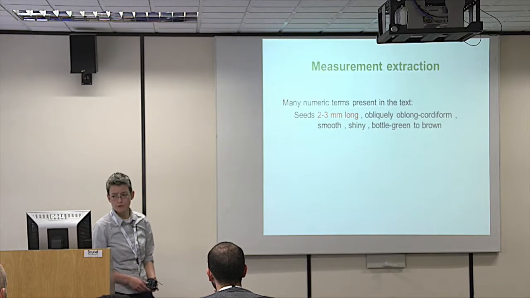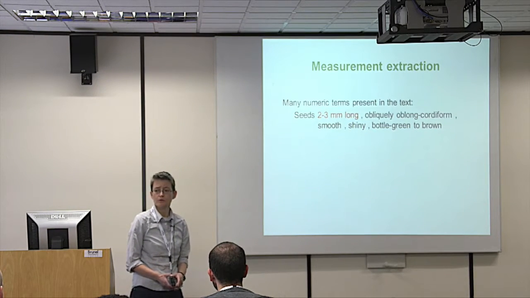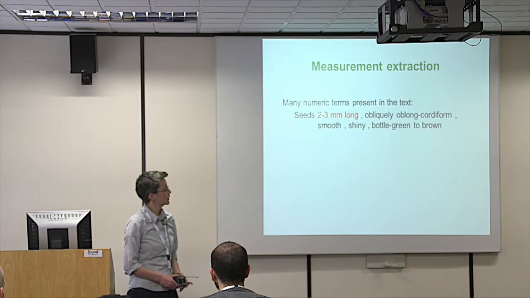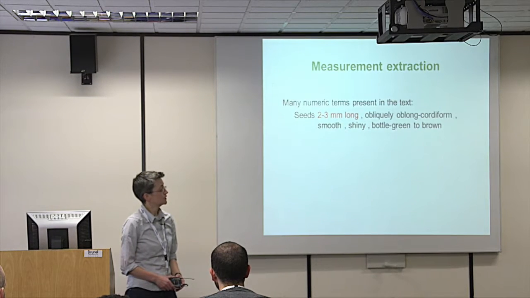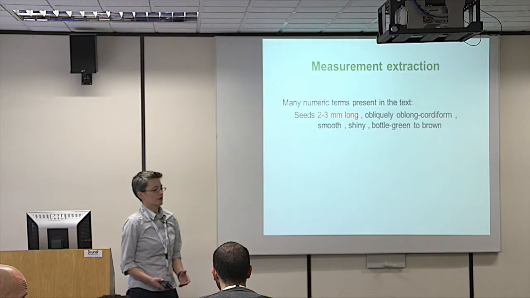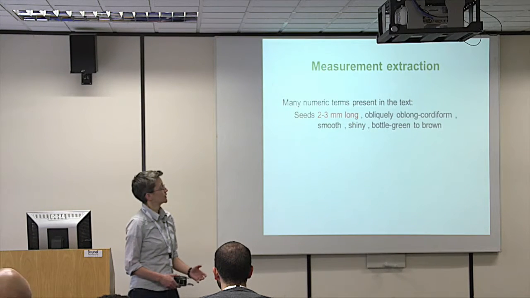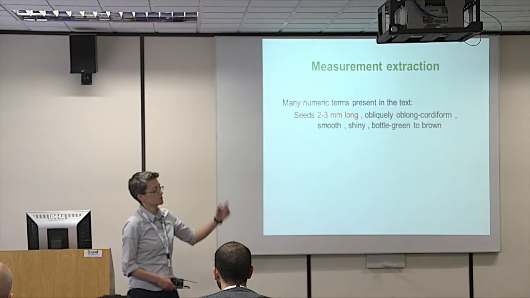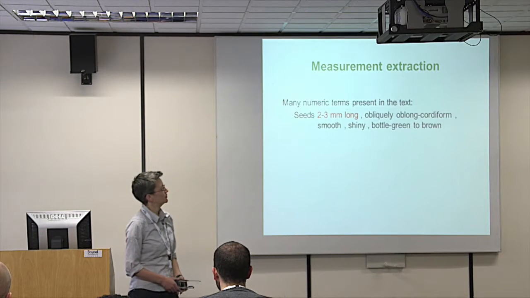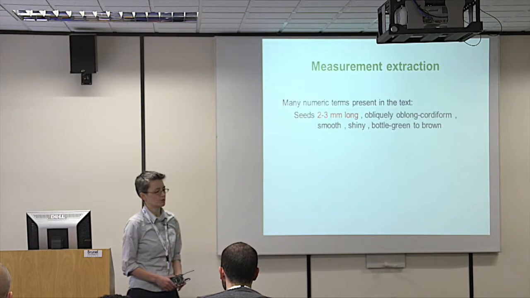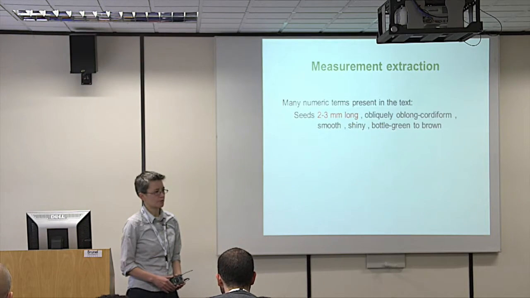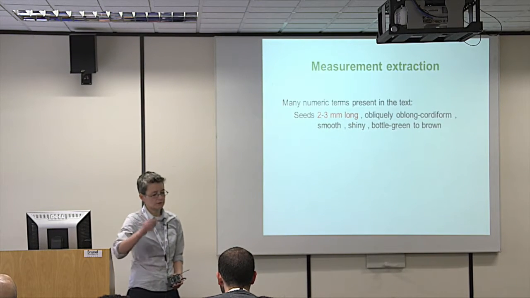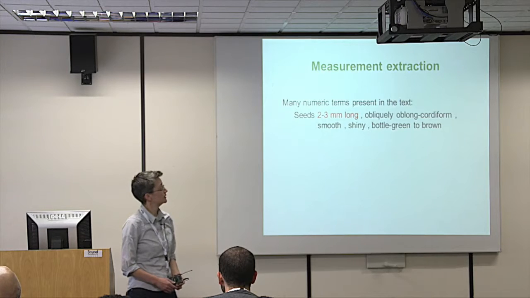And I've done a little work on measurement extraction, so detecting where we've got numeric measurements and pulling those out. In a quick and dirty application of text mining on this kind of data, these would just appear as terms, and it would be much nicer when building a model to have separate columns for dimensions and actually use those numeric terms in those columns.